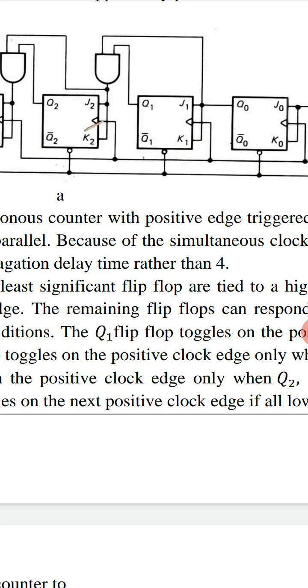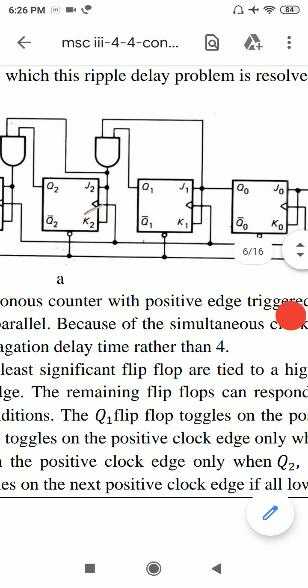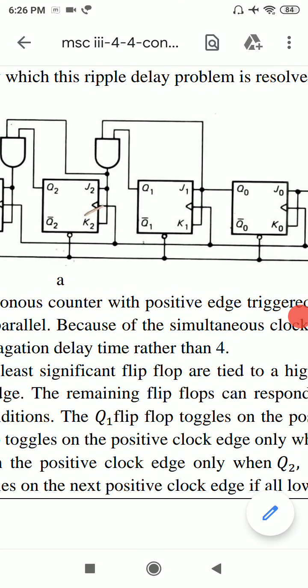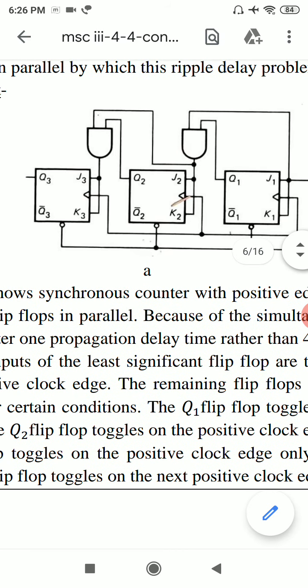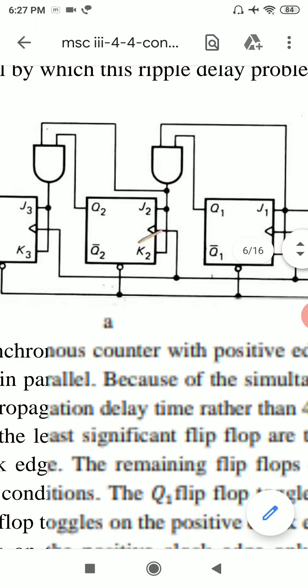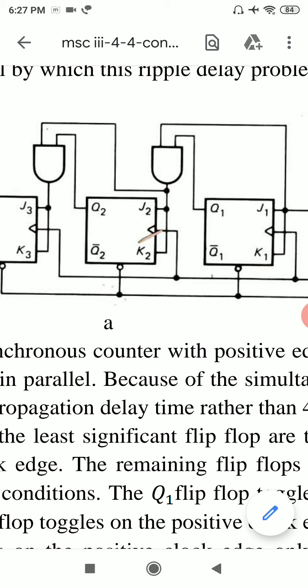When Q0 is 1, J1, K1 are 1 and Q1 will toggle. Similarly, in next JK flip-flop, Q2 will toggle when Q1 is 1.